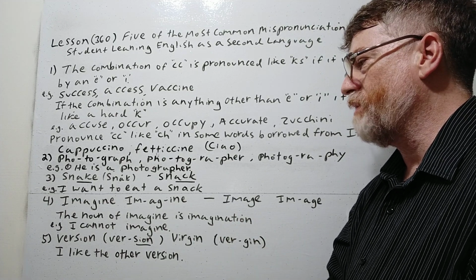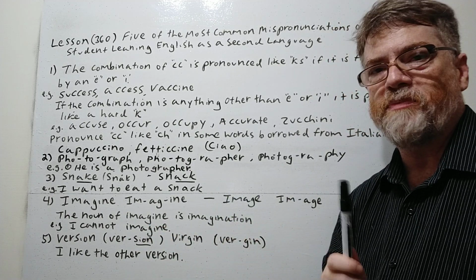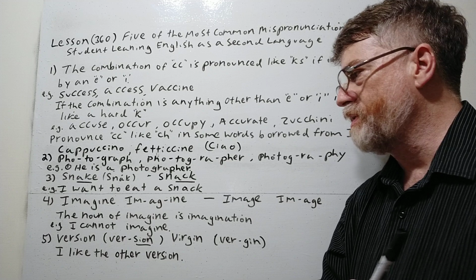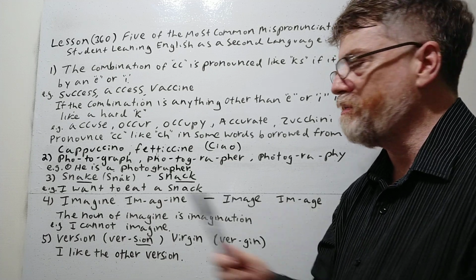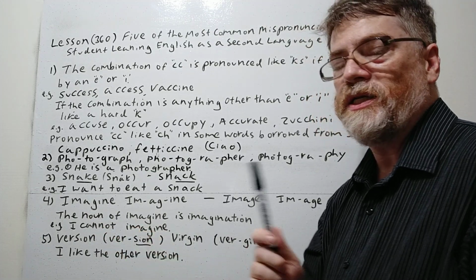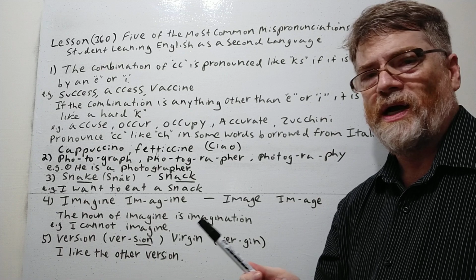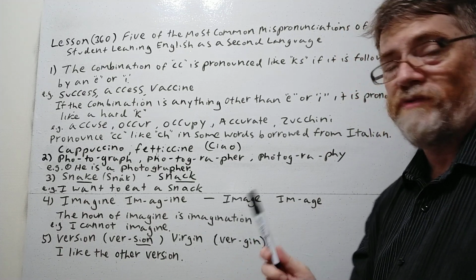Okay, so let's look at the fourth one here. That's a big problem for a lot of ESL students. I often notice that when a lot of students see the word imagine, I-M-A-G-I-N-E, spelled out, they often pronounce it as image. You know, image is a real word.